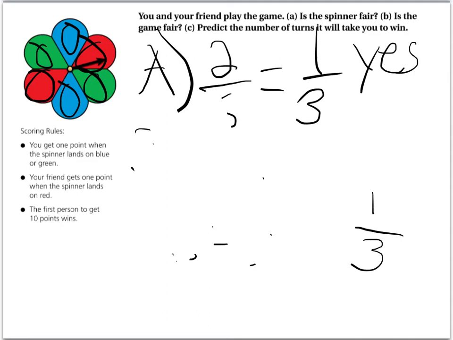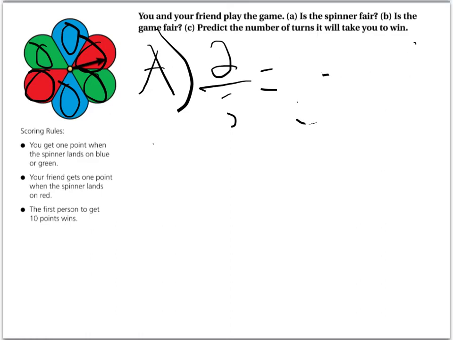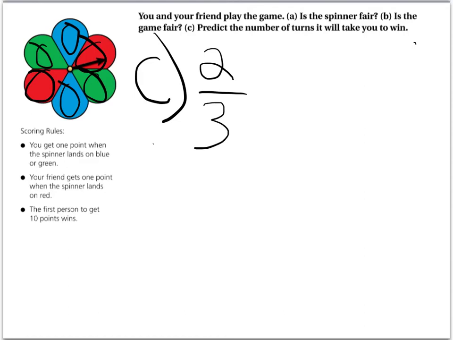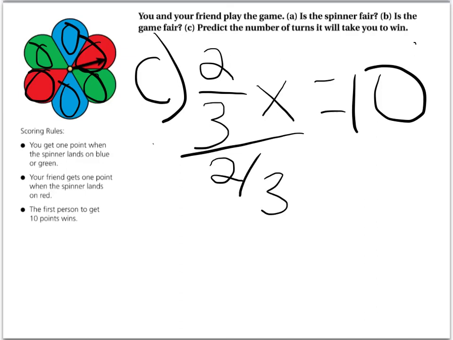C is saying predict the number of turns that it will take you to win. Well, I just said there that my probability would be 2/3. So, if 2/3 is my probability of getting either a green or a blue, I'm going to multiply that times x to get a total of 10 points. Now fractions, we've got to remember how to do this. I'm going to divide by 2/3 on both sides.